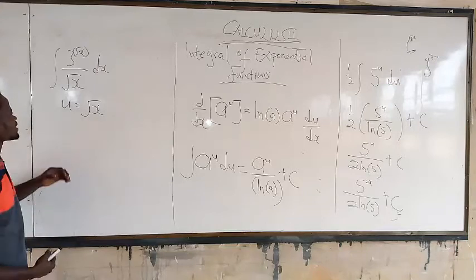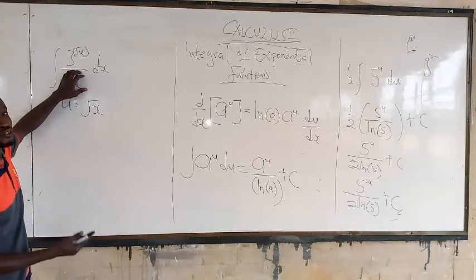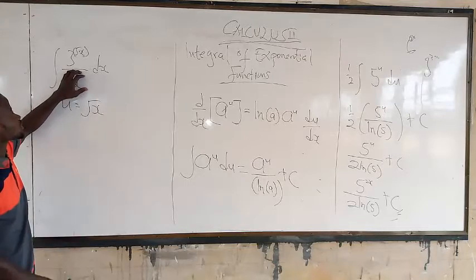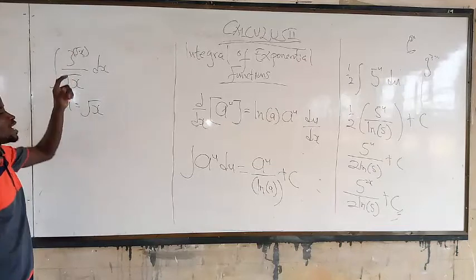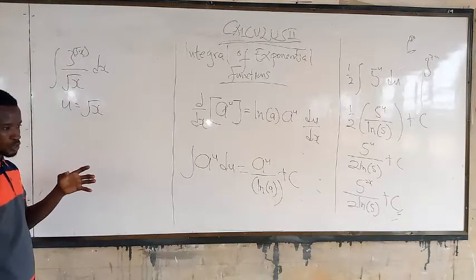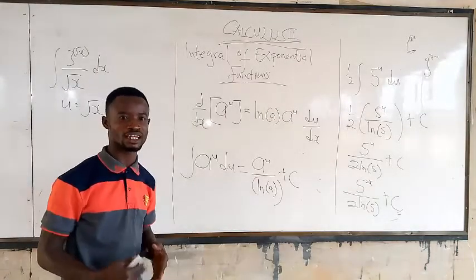And the idea is that even if you let this be equal to u and you differentiate, none of the results can cancel what we have here. But when we set this to be equal to u, the result is probably going to cancel this one so that it will help you in the solving.